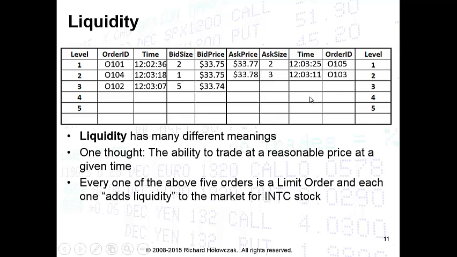So the fact that there are 2 limit orders here to sell, and they total up about 500 shares, and there's 3 limit orders here to buy, and they show about 800 shares. This shows a little bit of liquidity. There are willing buyers and sellers already in the market.